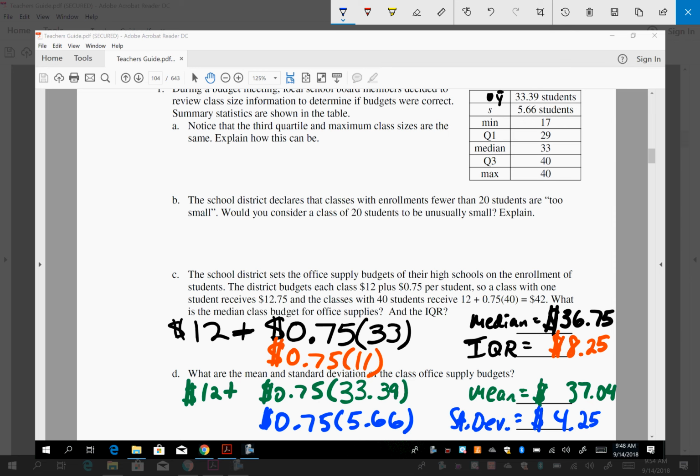And then IQR and standard deviation are together. Those are measures of spread. I know earlier, Dino, a couple weeks ago, I made you link mean and standard deviation. Those are linked, but in this way, we have different relationships because we're talking about scaling and shifting and rescaling data, which affects measures of center and spread differently.